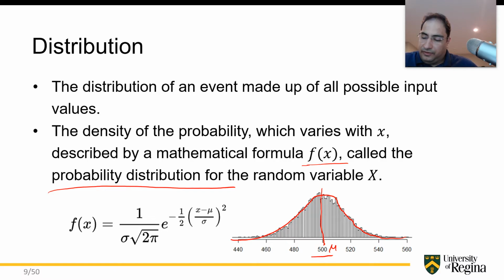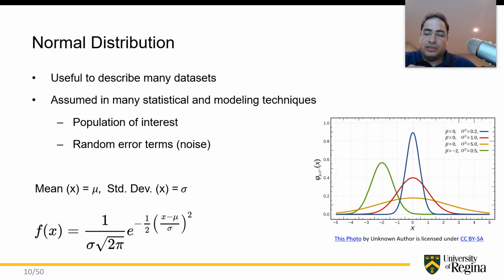So I put one famous function here, which is called the normal distribution. This is the formula for the normal distribution, and it has two parameters.